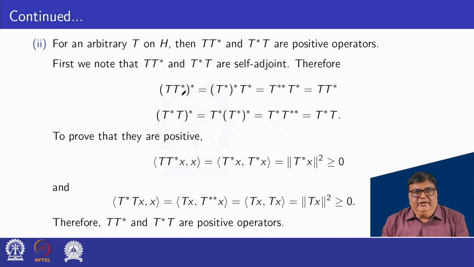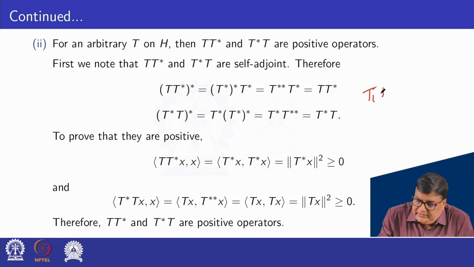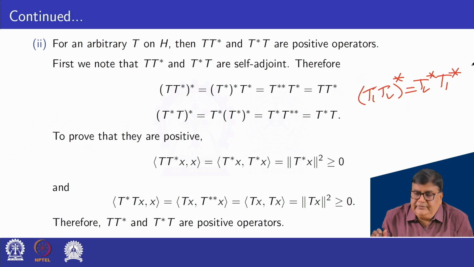Star of TT star equals star of T star into T star, because we know that star of T1T2 equals T2 star T1 star. So as per this, we can write this as star of T star into T star, that is T double star.